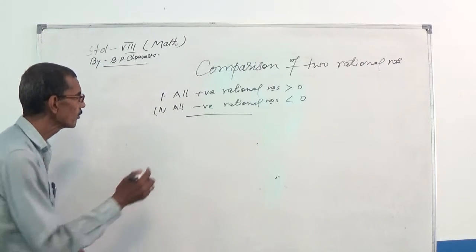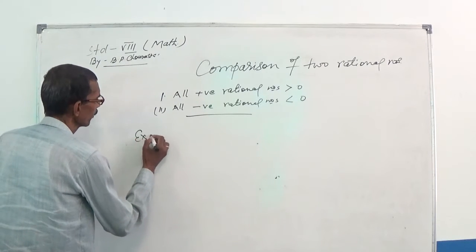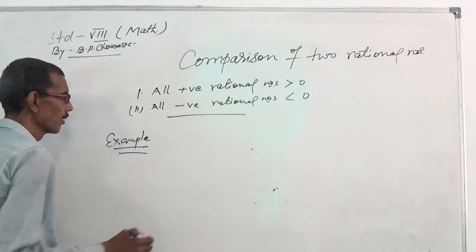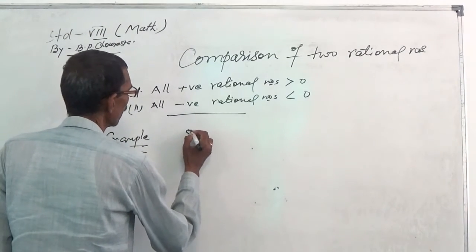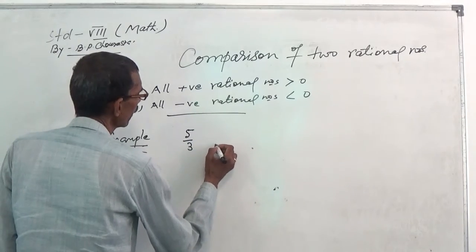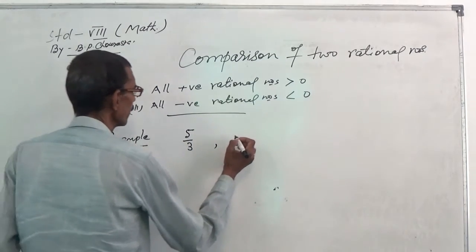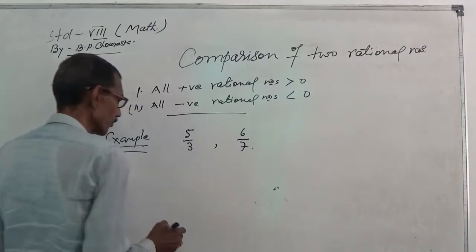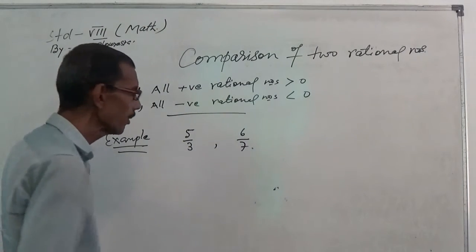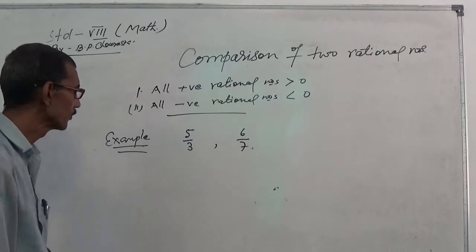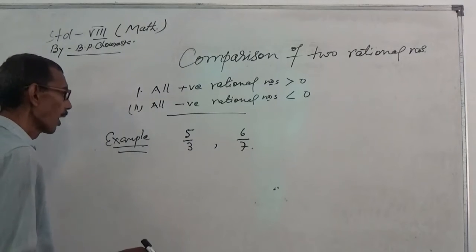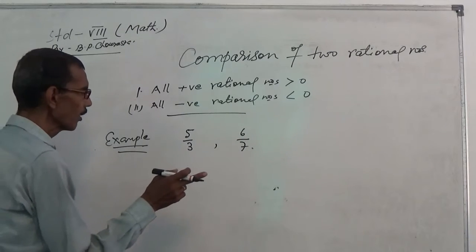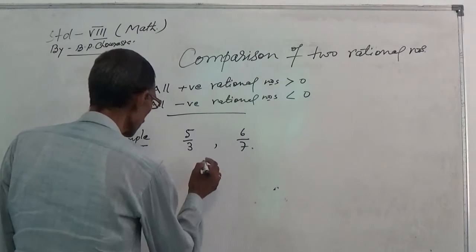Suppose 5 by 3 and 6 by 7 are given two rational numbers. We have to find which is greater or which is smaller.